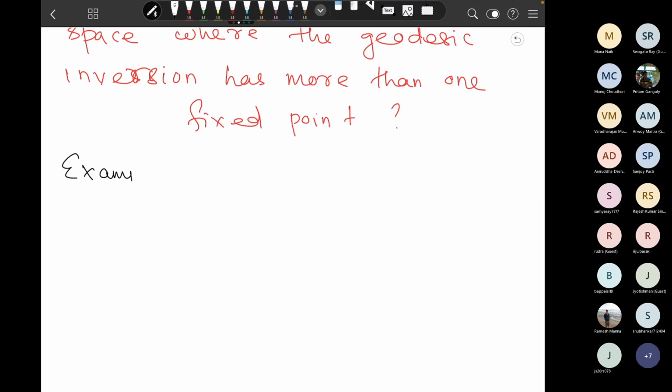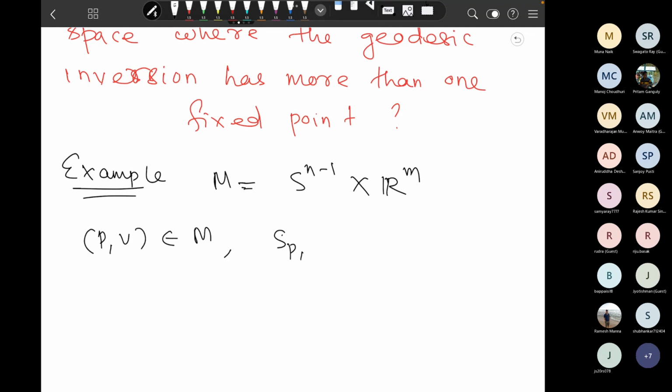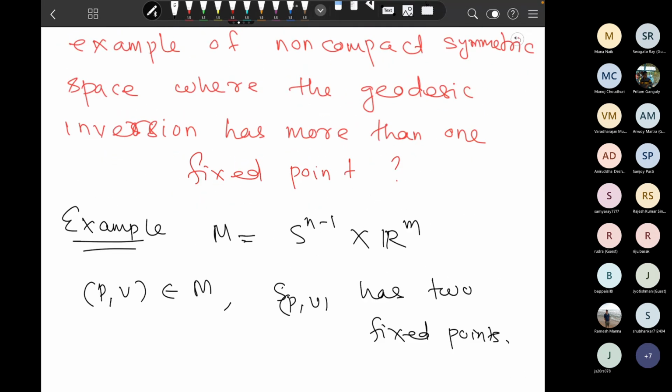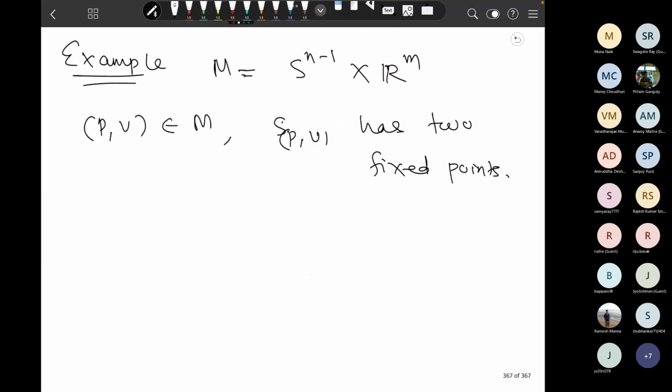An example is something like this: you can take M equal to S^(n-1) times R^m or something like that, and you take (P,v) belonging to M, then S_((P,v)) has two fixed points. You will get that. But we can make this question a little more interesting. So this is a thing that you can get in the case of a non-compact symmetric space also. You can make this question a little different later.